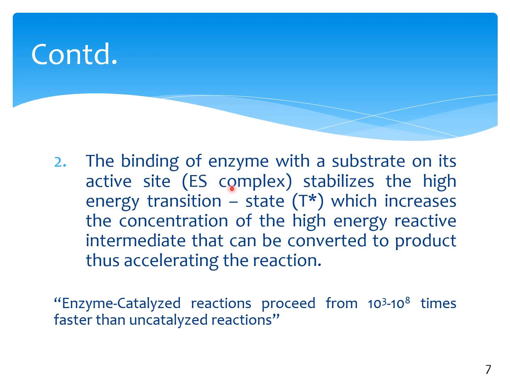This enzyme substrate complex stabilizes the high energy intermediate transition state T. When more and more concentration of high energy reactive intermediate is formed, they are converted to the product and thus accelerate the reaction.